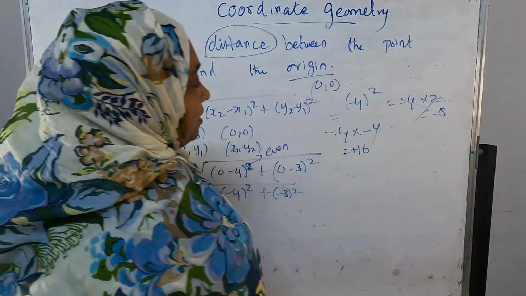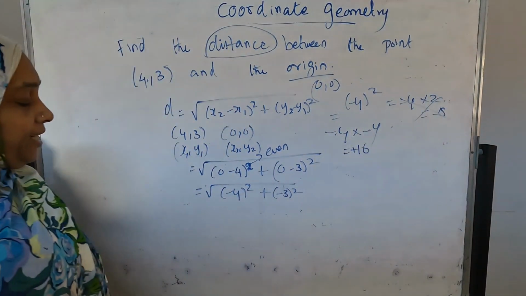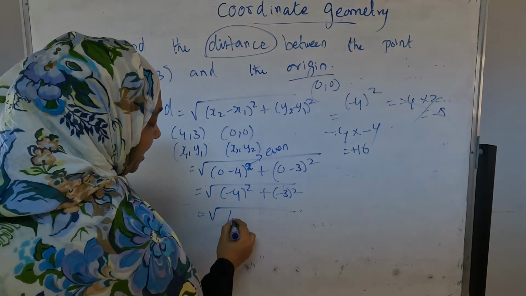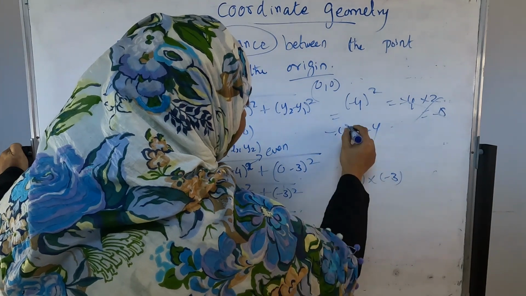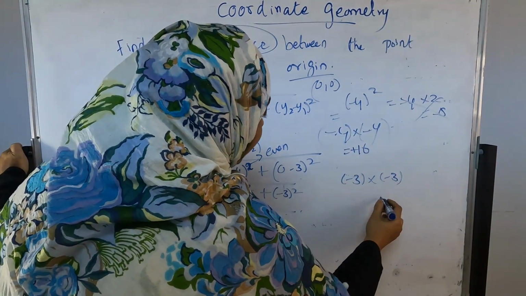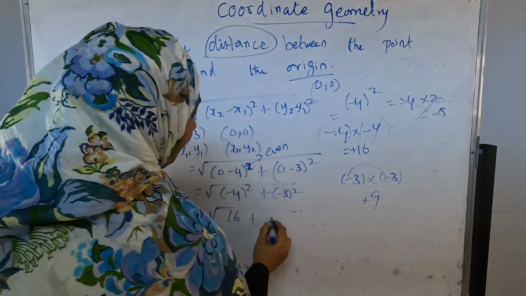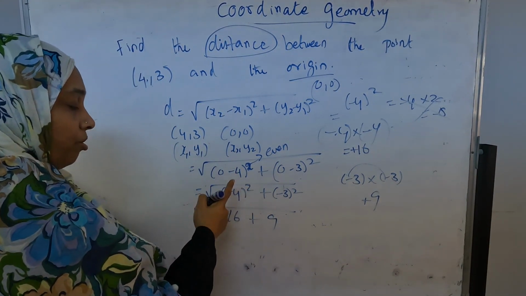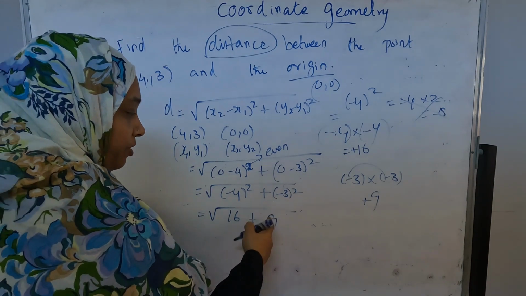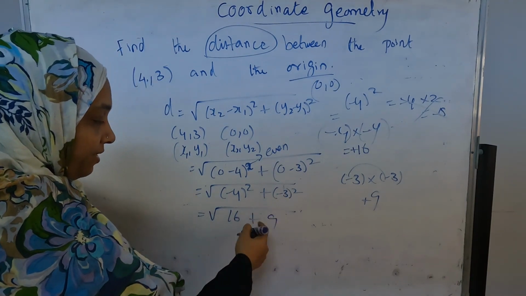It is a wrong answer. Write 4 two times, 16. Understand? So 16 plus minus 3 into minus 3, that means 3 threes are 9. Otherwise, directly this is a square of an even number, so minus becomes plus. 4 fours are 16, 3 threes are 9.